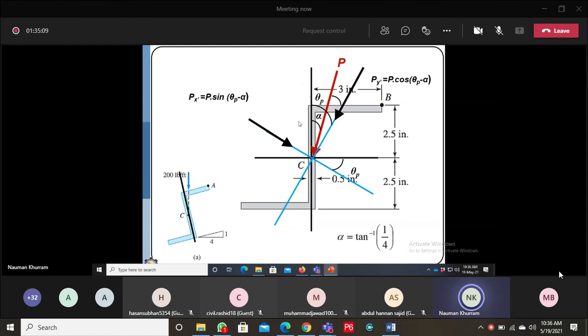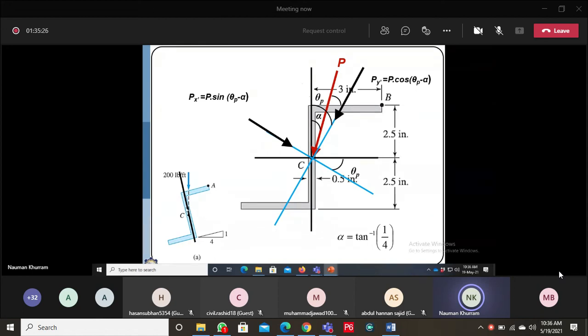Actually, if the load is acting in the gravity direction, you determine this angle, alpha, which is the angle of the load from the centroidal y-axis, whose value you can determine by this formula.